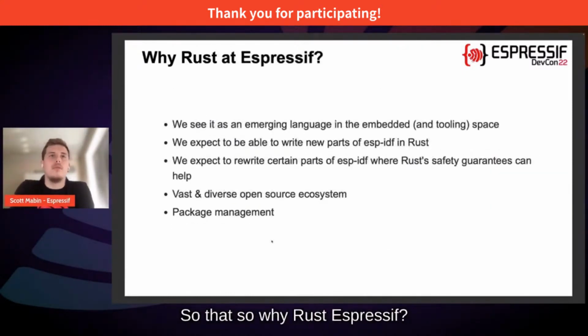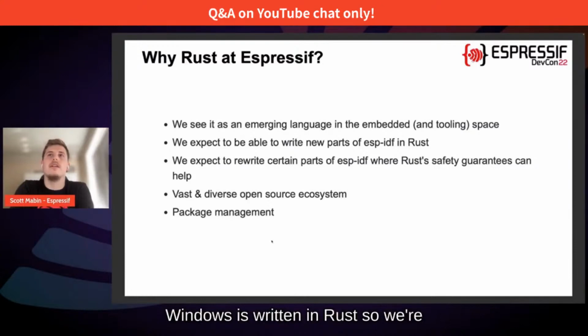So why Rust at Espressif? We see it as an emerging language in the embedded and tooling space. For example, the IDF installer for Windows is written in Rust. So we're not just thinking about it in the embedded context, but also tooling.